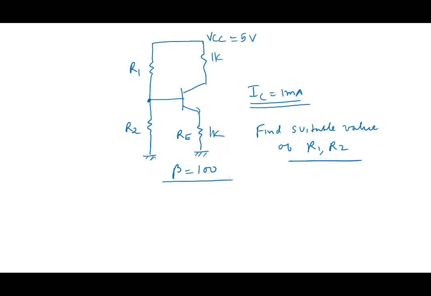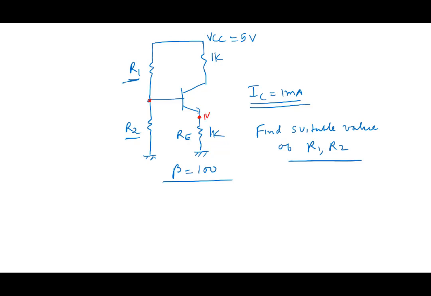What is a suitable value of R1 and R2? Let me tell you, what would our strategy be? If IC is equal to 1 milliampere, how much is IE? It is also 1 milliampere. So what is the value of this voltage? 1 volt.